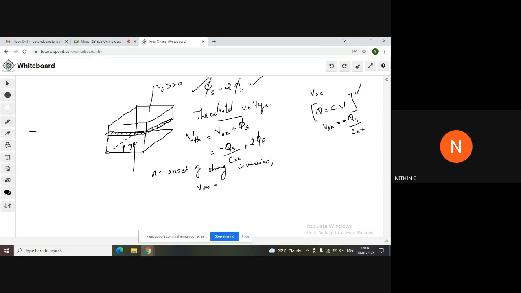I hope you remember the figure: EFM is there, then the oxide layer, then the depletion layer. So I am taking it as minus QD, the depletion layer charge, divided by COX plus 2 phi F.